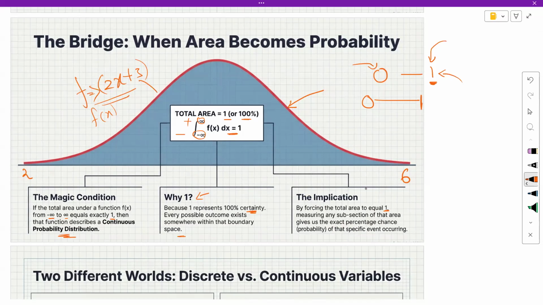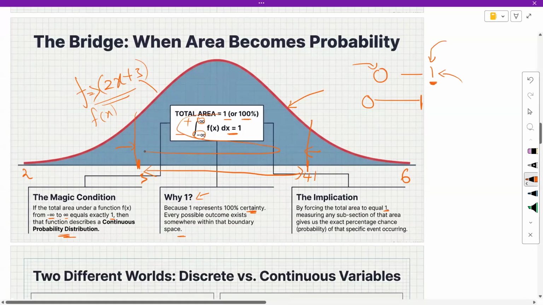Now we can find the area. For example, the area between 3 and 4. We want to find the area between these two, 3 and 4. In that instance, we just find the area under the curve between this lower limit and this upper limit.